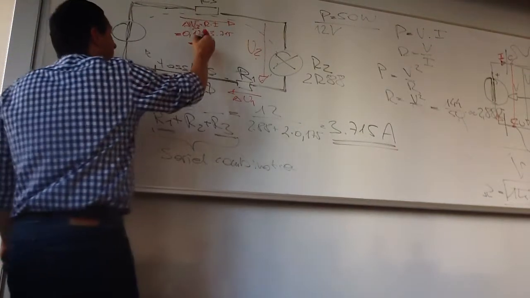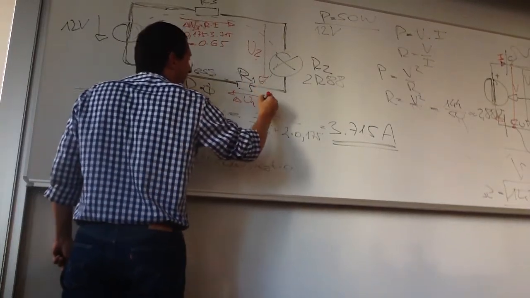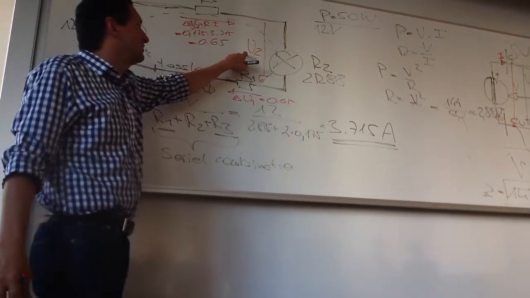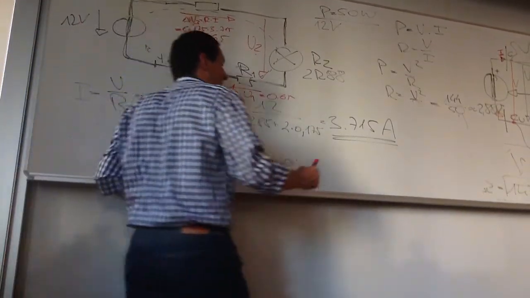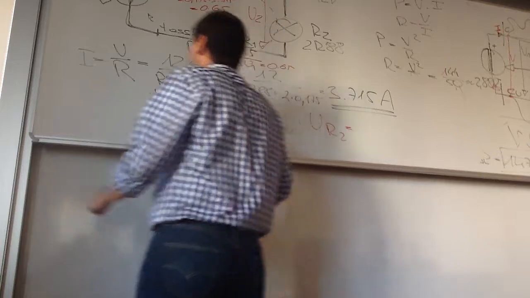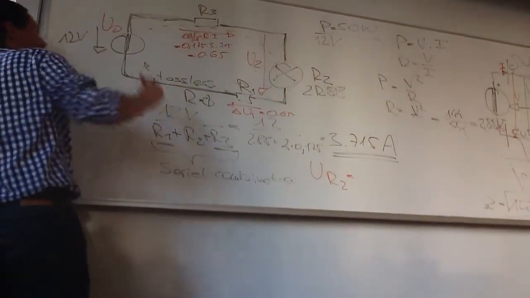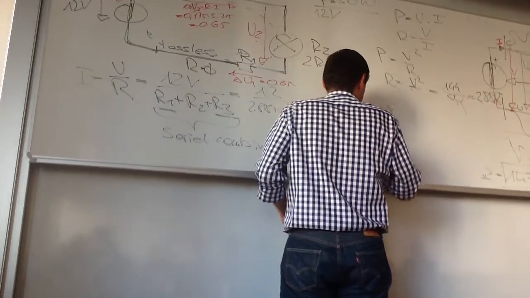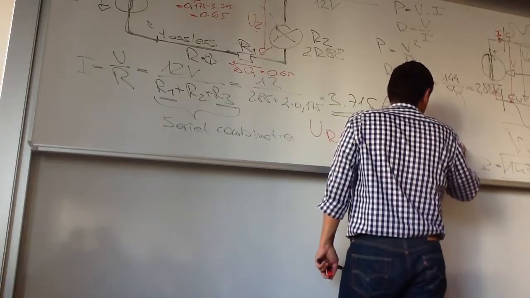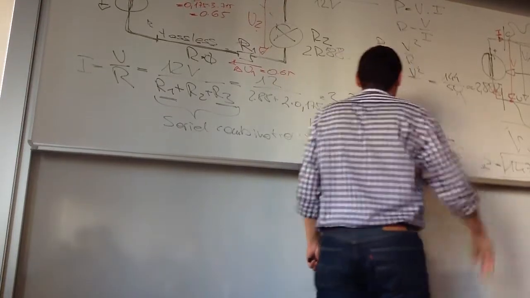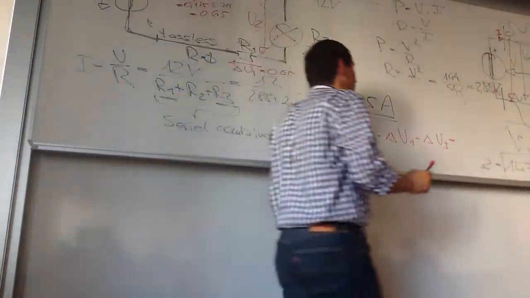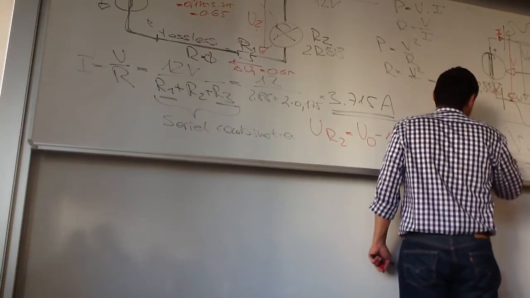It's 0.65, here also 0.65. So that means the voltage at the bulb, V R2, is equal to, let's say this is V0, minus delta V1 minus delta V3. 0.65 twice is 1.3, so we get 10.7 volts.